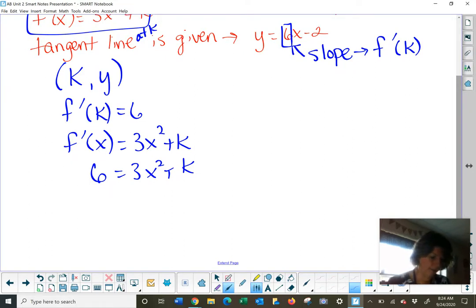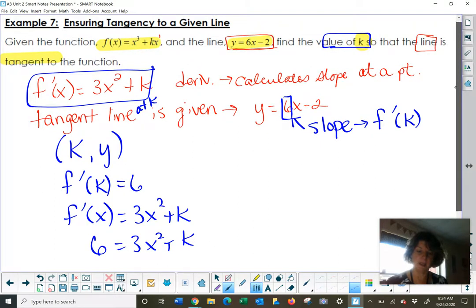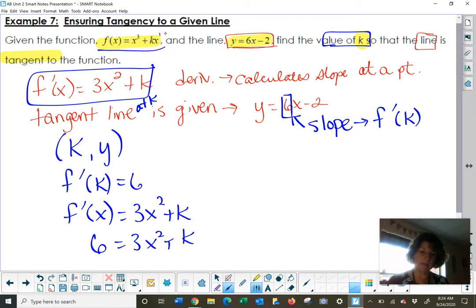Not liking that one. What do we got to do? Because we have too many variables. We got to create another function. And all I can think of doing is working with that original function.